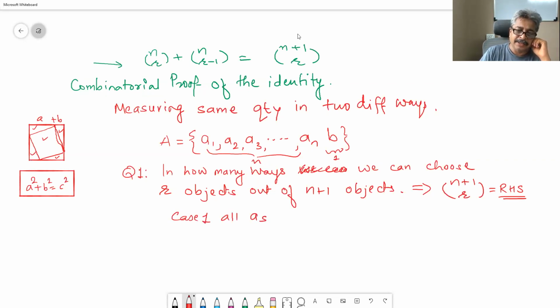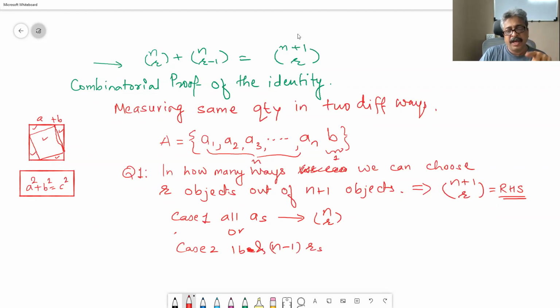Case 2: you choose 1 B and r minus 1 A's. That way I can choose r elements.